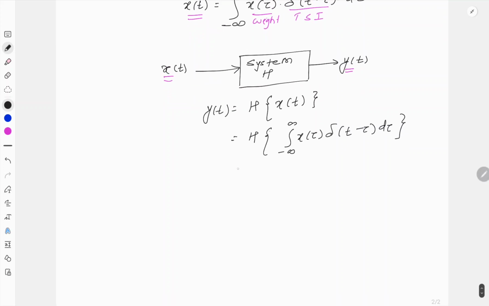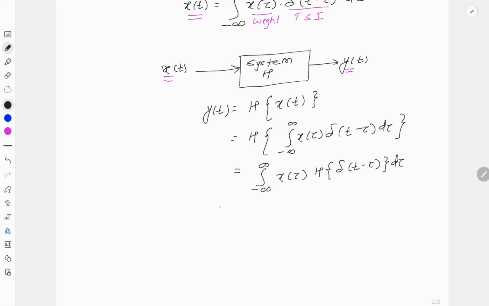Now if you look at this equation carefully, x of tau is a simple constant, h is the transfer function, and delta is the impulse function. So this transfer function will operate on the impulse function, and this equation will now become the integration from minus infinity to plus infinity, x of tau as it is, and h operating on the impulse function delta of t minus tau d tau.